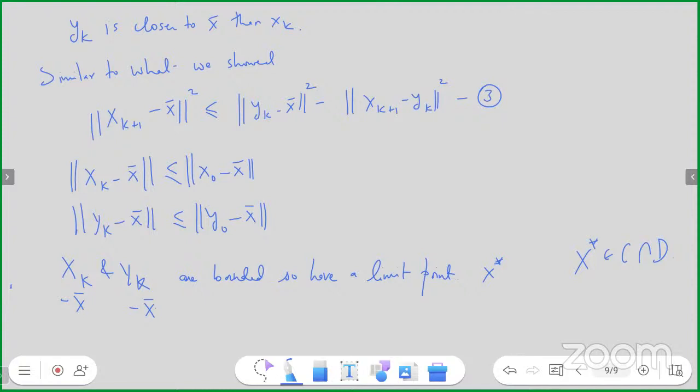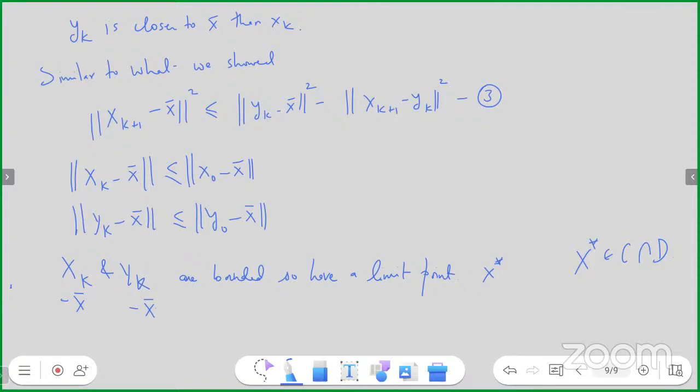Here I've written it as a common point, which need not be true. That's more difficult, and unnecessary actually. All you should take is xk minus x bar by definition has a limit point x star. So x star, by the closedness of C, also belongs to C. So that's much better. All we have to show is x star also belongs to D. So I'll leave that part as an exercise.